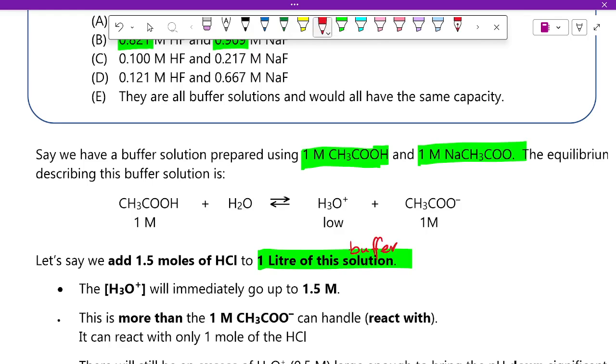How many moles of CH3COOH does that give us? If we have 1 liter of 1 molar CH3COOH, how many moles of CH3COOH do we have?